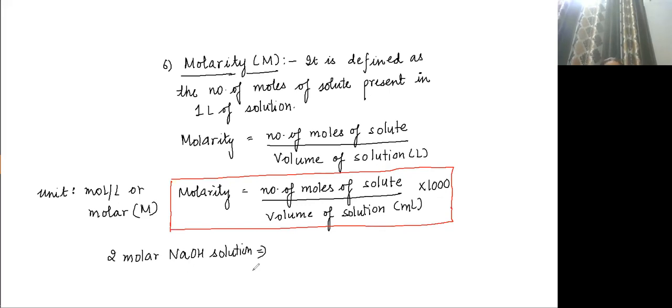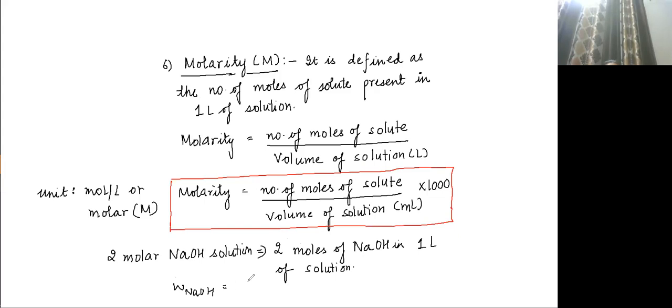Correct. 2 molar NaOH solution means 2 moles of NaOH in 1 liter of solution, or 1000 ml of solution. If I ask you what is weight of NaOH, can you find?